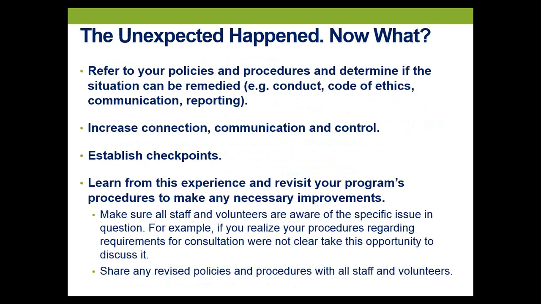Increase connection, communication, and control that we talked about a few slides back with managing people from afar. Establish checkpoints and expectations with that individual. So once they have a clear understanding of where we kind of went off the tracks, how we can correct it and then remedy the situation and then kind of check back in the future.